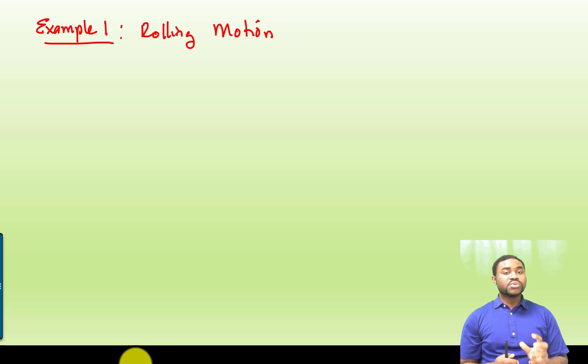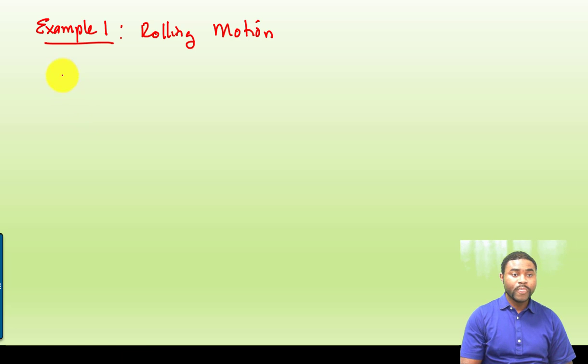Now, there are two types of rolling motion. You have rolling with slipping and rolling without slipping. To distinguish between rolling with slipping and rolling without slipping, you just use one equation, but we are going to get to that.